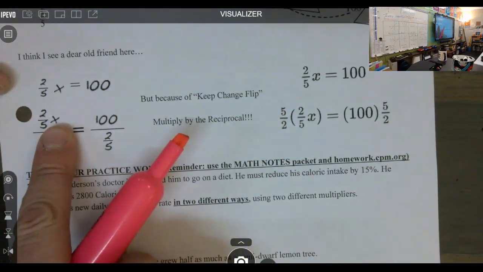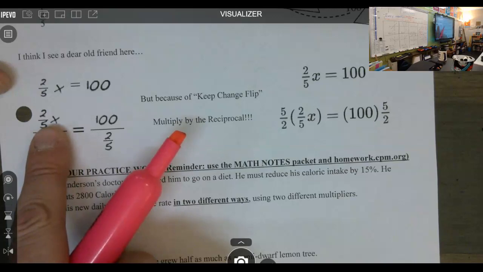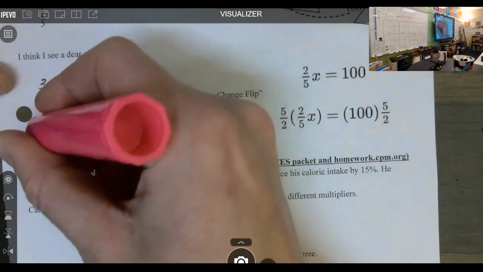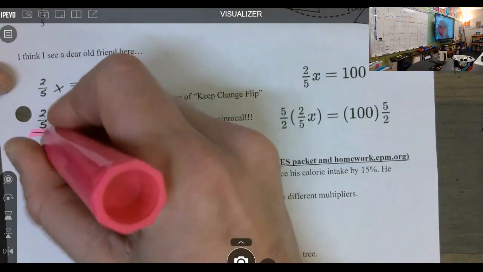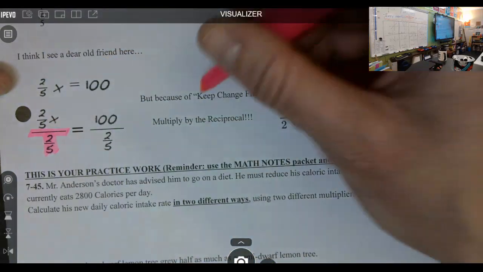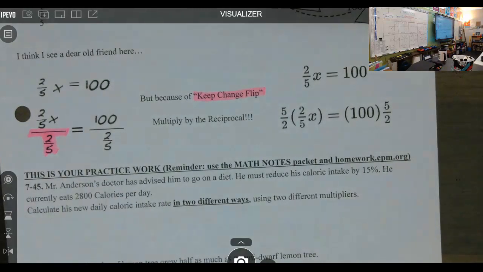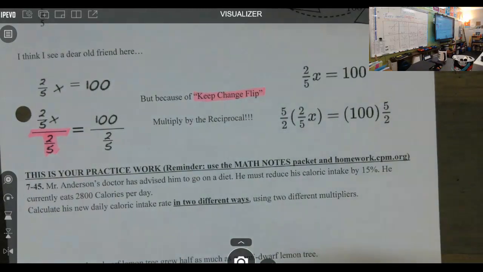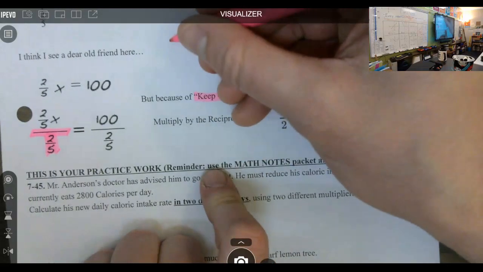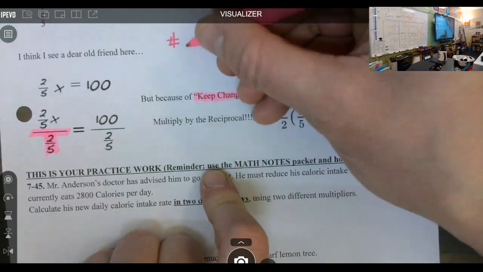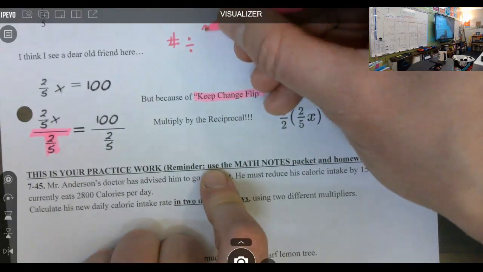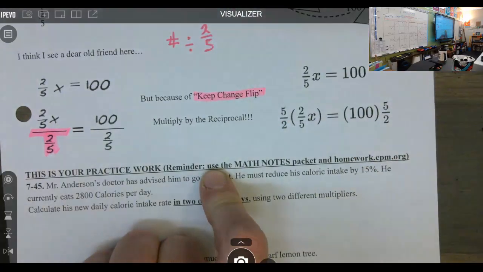What we're used to is a number that's multiplying. We're used to saying, okay, divide by that number. But keep, change, flip says division by 2/5, division of a fraction. So a number divided by 2/5.